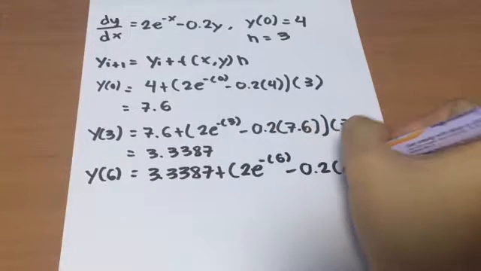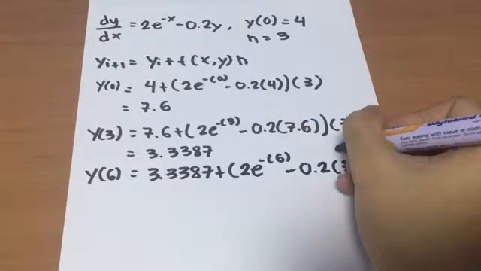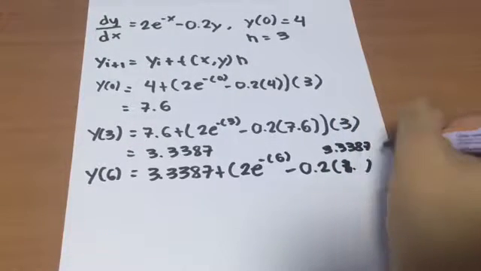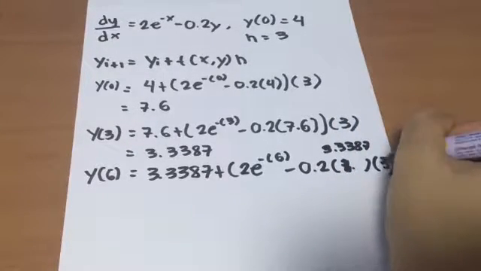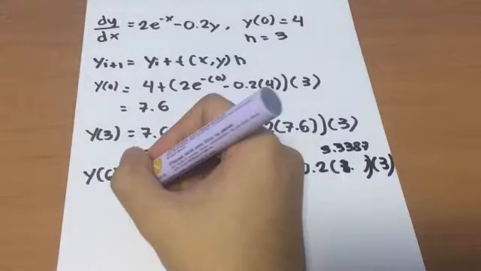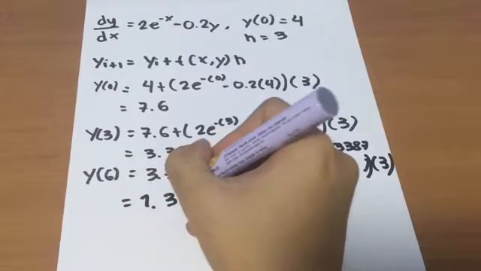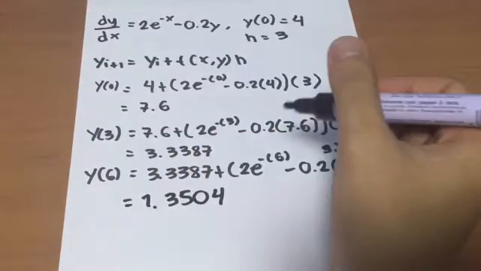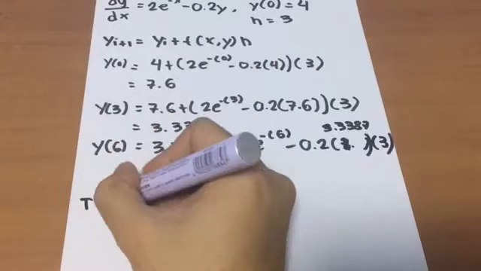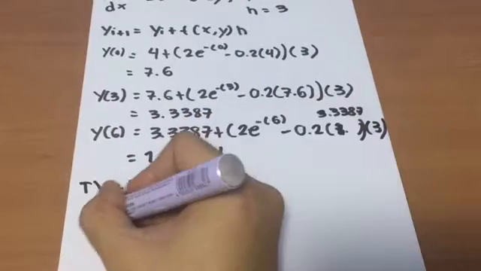So we have the new value of y, and our value of x is 6. Okay, so we multiply that by our step size 3, and we have 1.3504. So that is closest to our true value, which is, I think, 1.2.